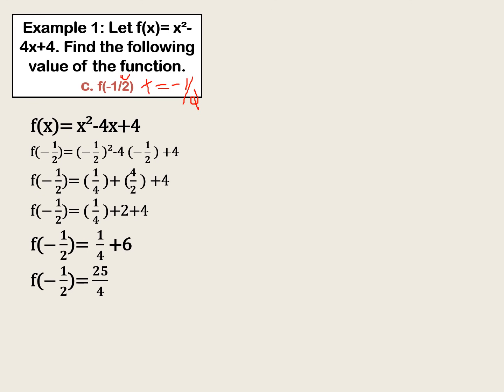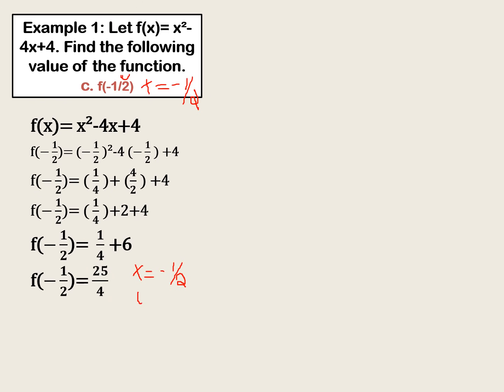kumbaga, dito, we have x, which is equal to negative 1/2. Pag pinrocess natin itong x na to, ang negative 1/2, using this function, or using this process, ang makukuha natin na y is 25/4.